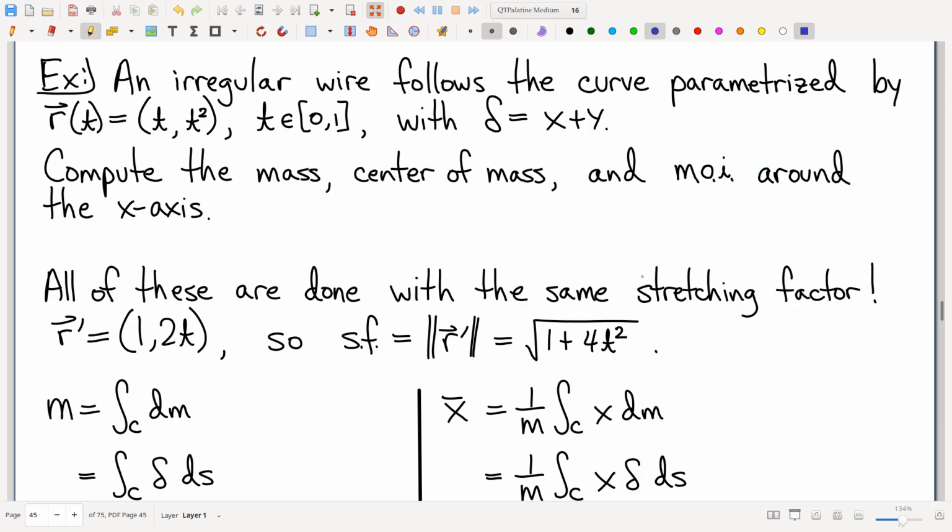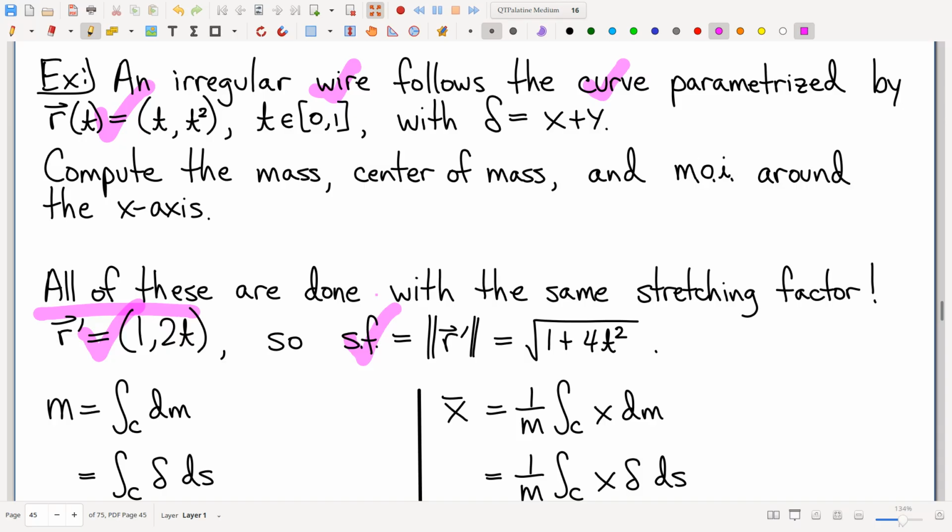Big first observation is that all of these questions are about the same wire, which follows the same curve, which is parameterized with the same formula, which therefore has the same derivative, which therefore has the same speed and therefore the same stretching factor.